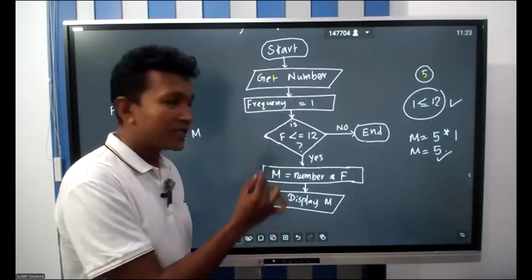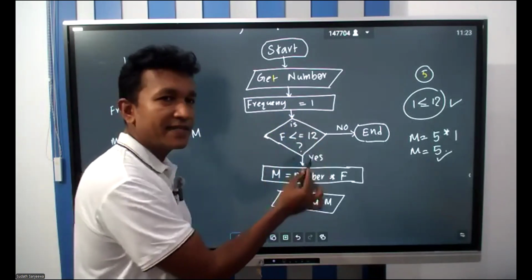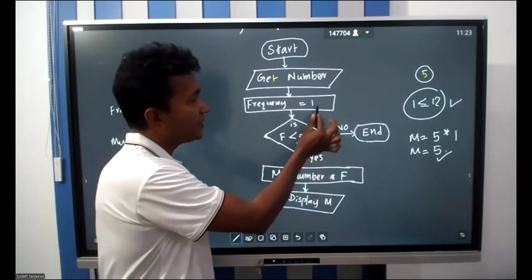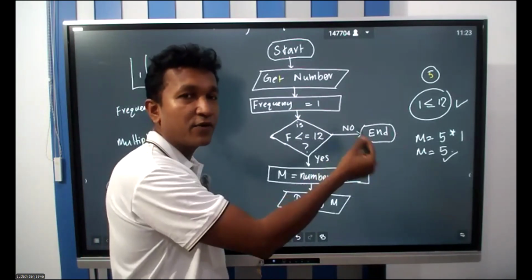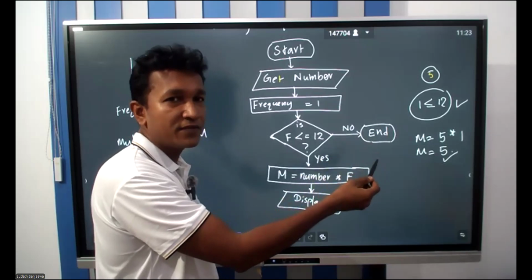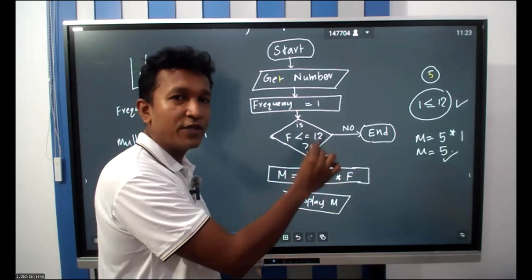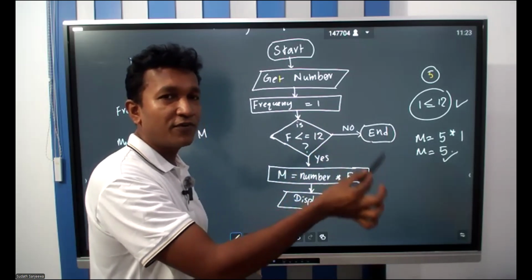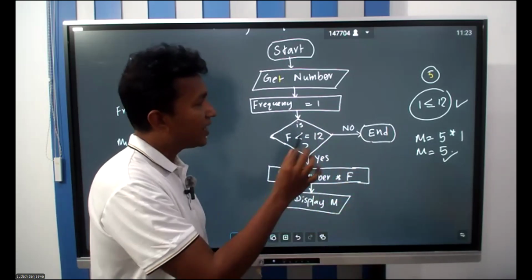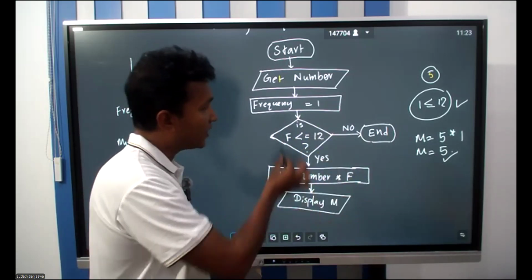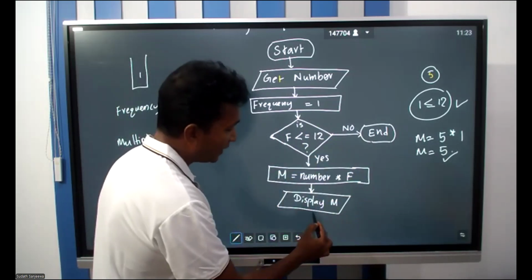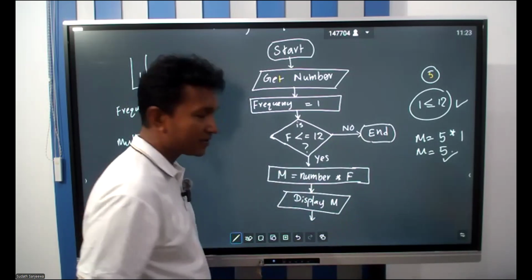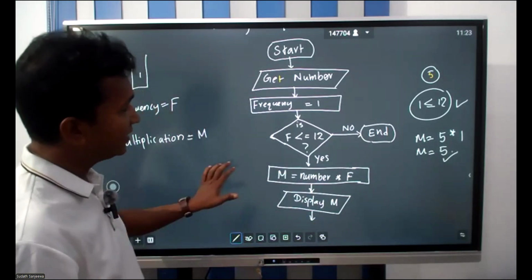Now, I want to increase the frequency, and we have to add one to this, because we are going to find 1 to 12. 1, 2, 3, 4, 5, 6, 7, 8, like that. After 12, we have to stop. Therefore, I want to increase this frequency by 1, right?